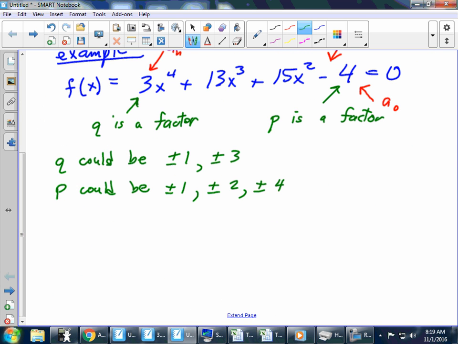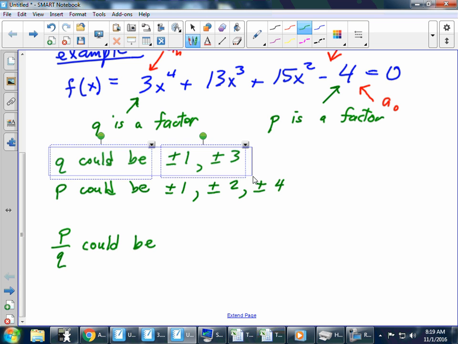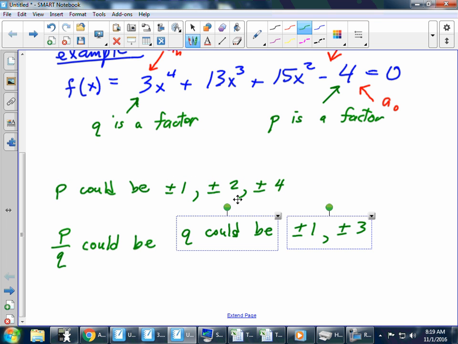That means that P divided by Q could be what? P divided by Q. Maybe I should have written these in the other order. It's not hugely critical.